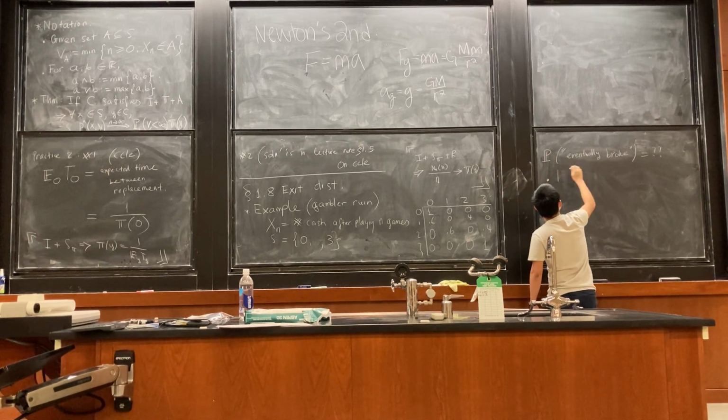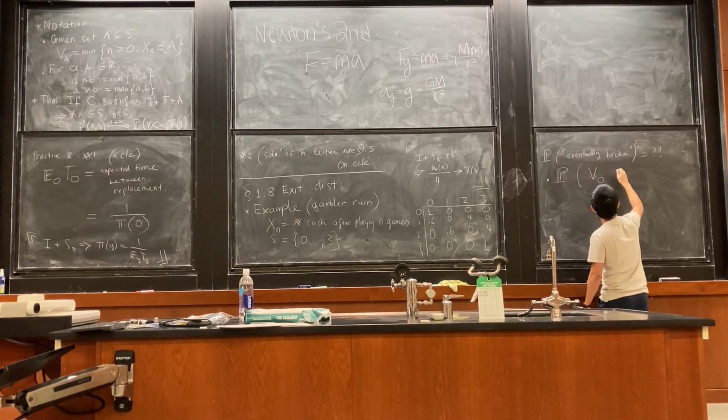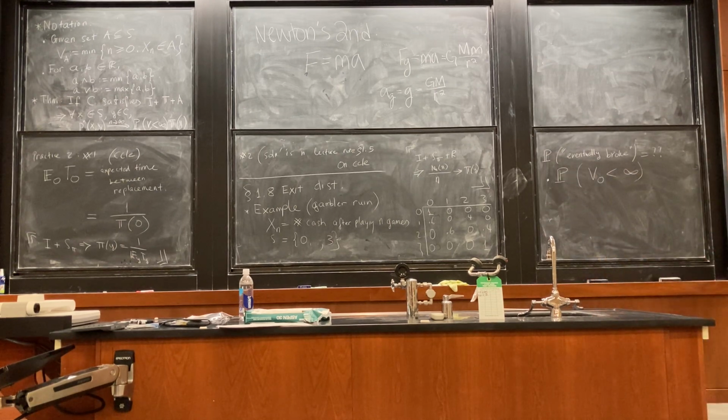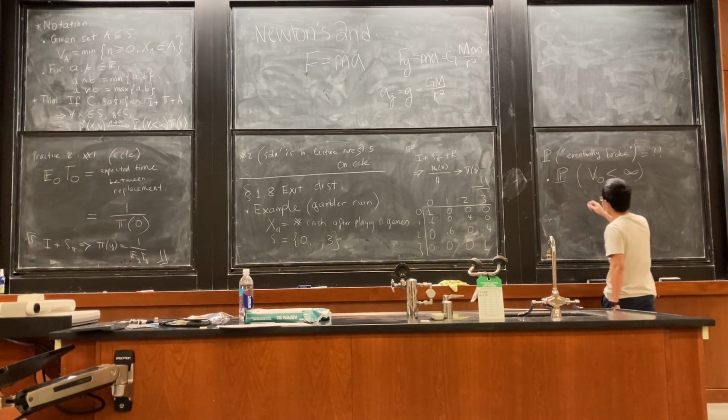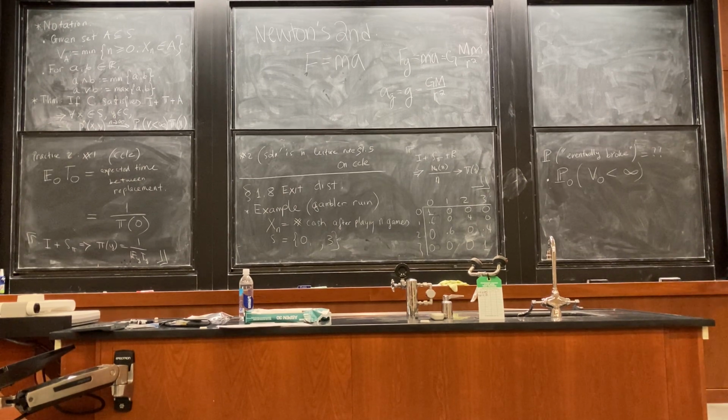This is V0, V infinite, right? What is the probability that eventually I will hit 0 in finite time? If I start from $0, what is this probability? It is 1, for sure, right? It is 1.